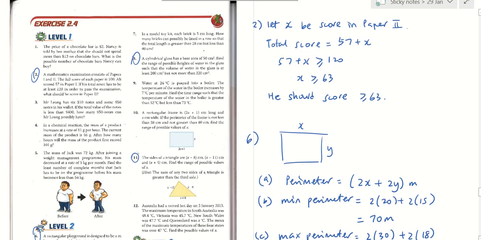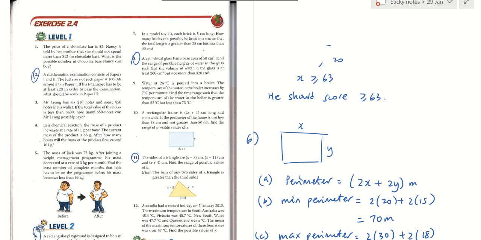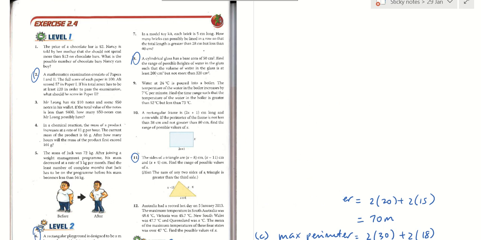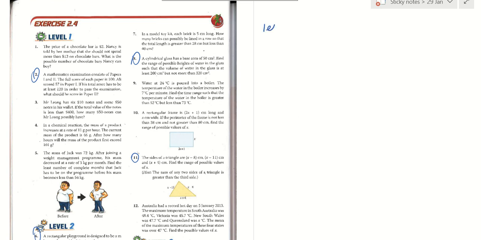So here, the question is talking about the volume of a cylinder, but instead of giving you all the information, they only tell you the base area and they do not give you the height. Since they want you to find the range of possible values of height, we let height be h cm. Sometimes it's useful to draw a diagram to visualize as well.